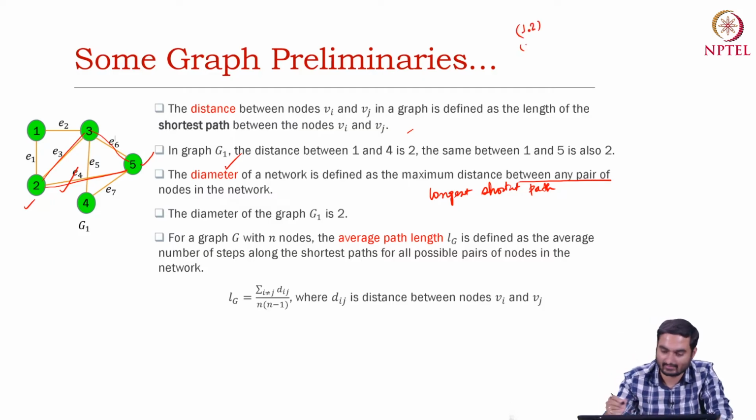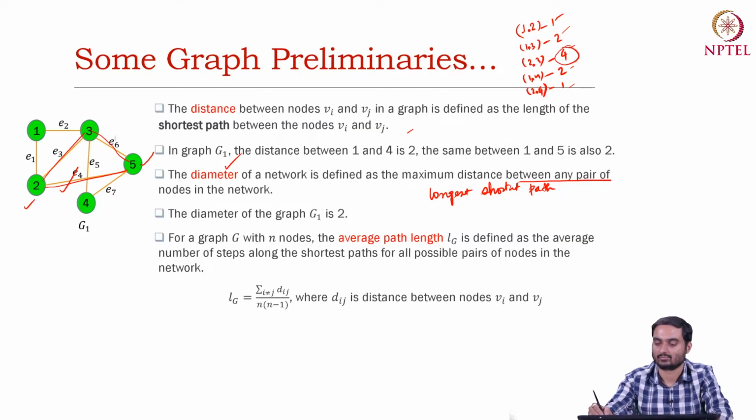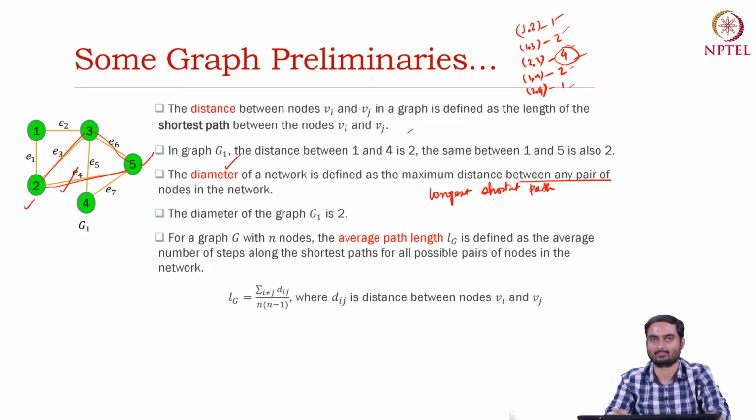Let's say you have, again, a hypothetical example, 1 2, 1 3, 2 3, 1 4, 2 4, right? Shortest path is 1, between 1 3, 2 4, say for example 2 and 1. These are the shortest paths. So what's the diameter of the network? Diameter is 4, the longest shortest path.